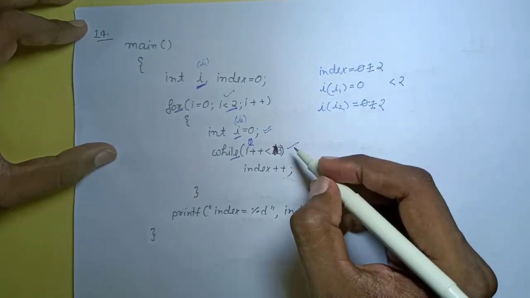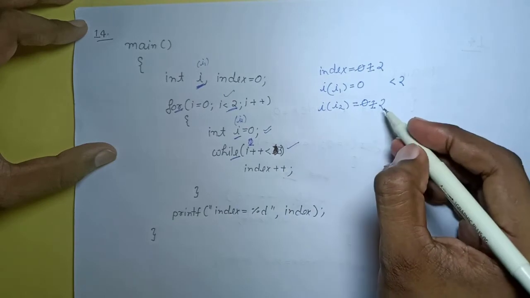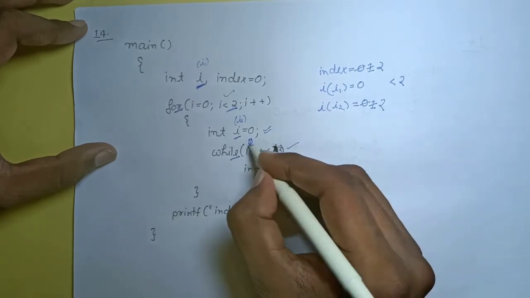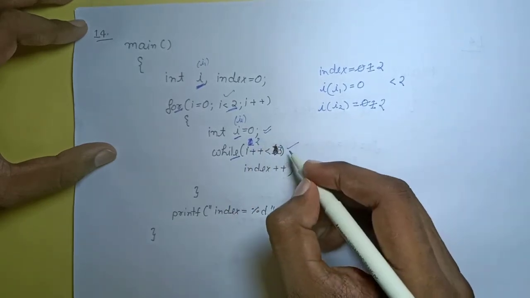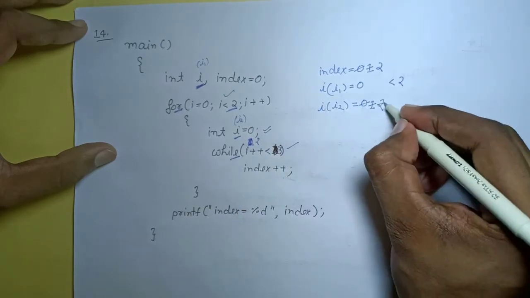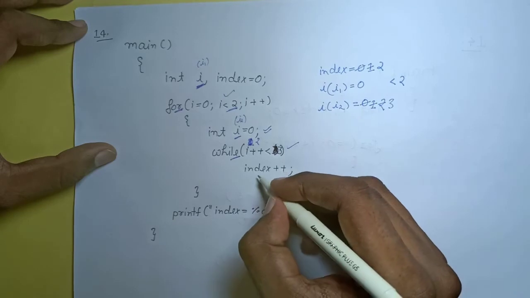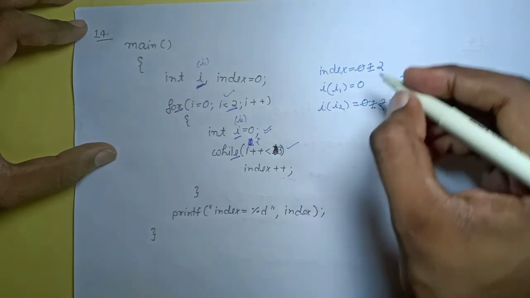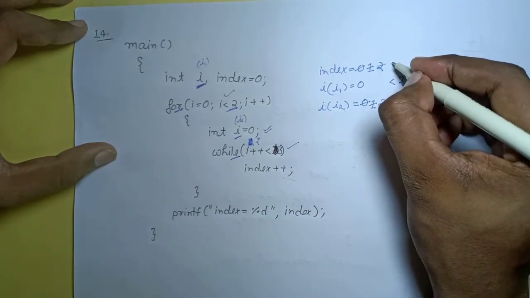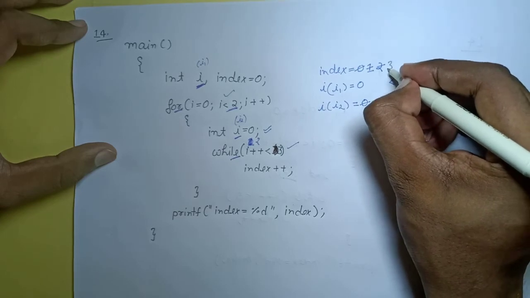Hope you understand. Now 2 is less than 3, the value of I becomes 3, we come inside the loop and the value of index is again increased by 1, which means the value of index now becomes 3.